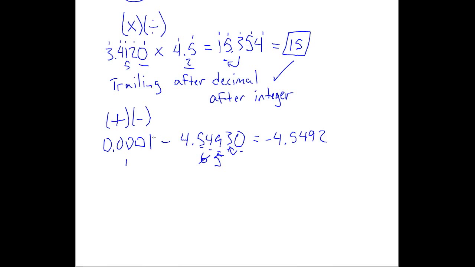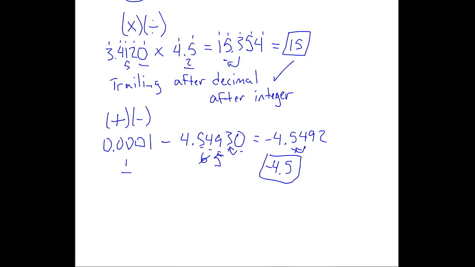So we look at our significant figures after the decimal. The lowest number is 1. Therefore, we can only have one number after the decimal. So, here's our number. We look over here. It's 4. That rounds down, so we go negative 4.5. One number after the decimal, one number after the decimal.